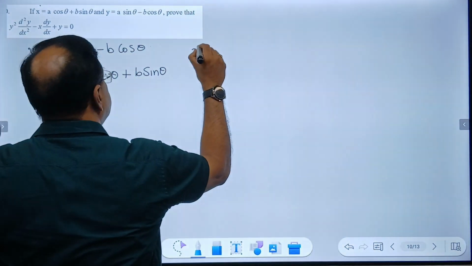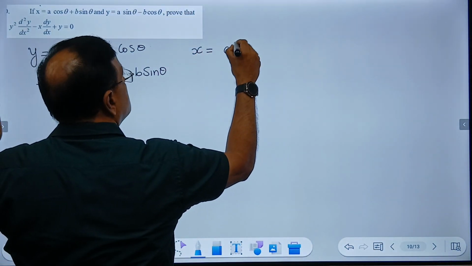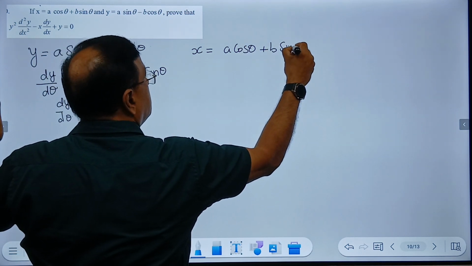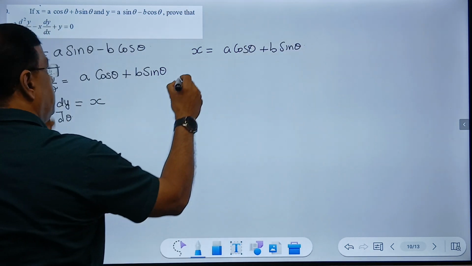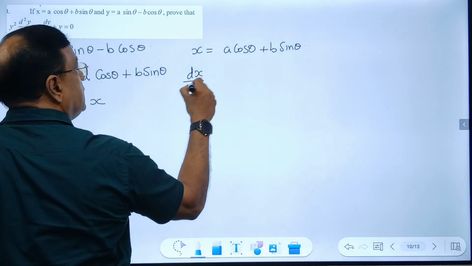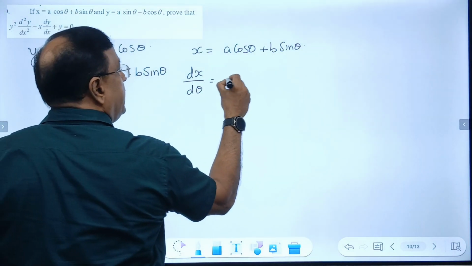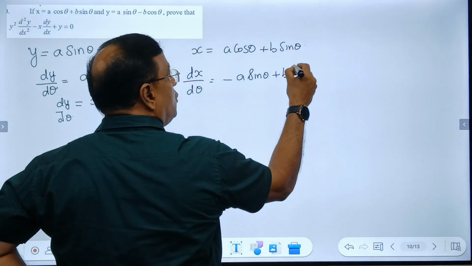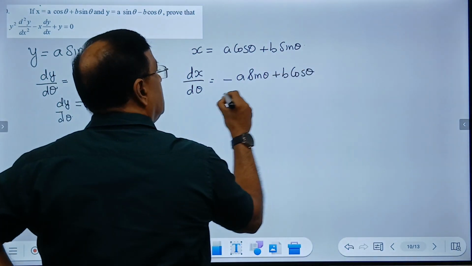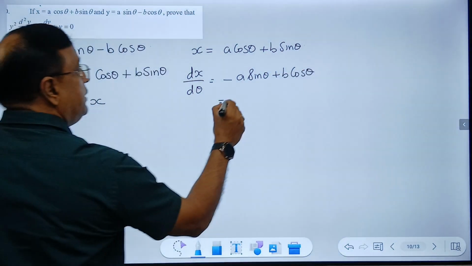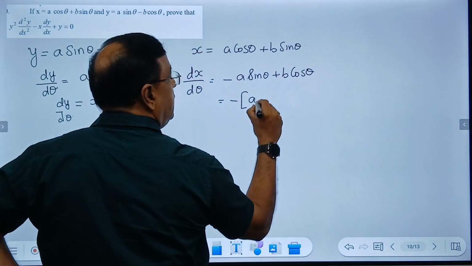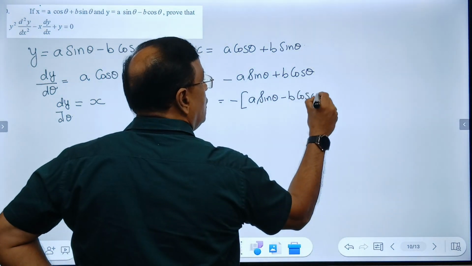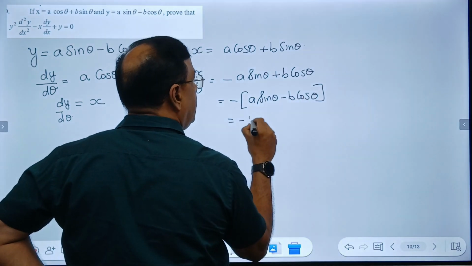Now take x is equal to a cos theta plus b sin theta. Again differentiate dx by d theta, which is minus a sin theta plus b cos theta. Now what I will do here is I will take minus outside. So I get a sin theta minus b cos theta, which happens to be my y.